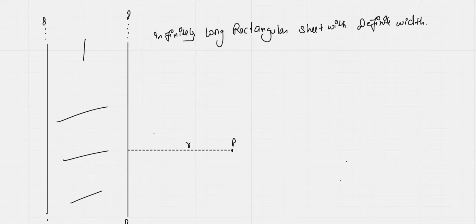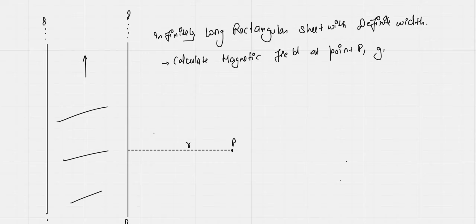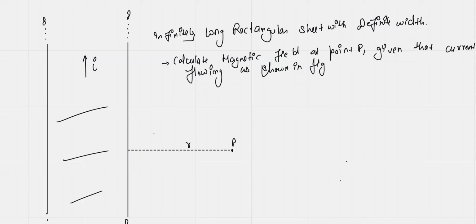So you have to calculate the magnetic field at point P, given that current is flowing as shown in the figure, and current is distributed uniformly.